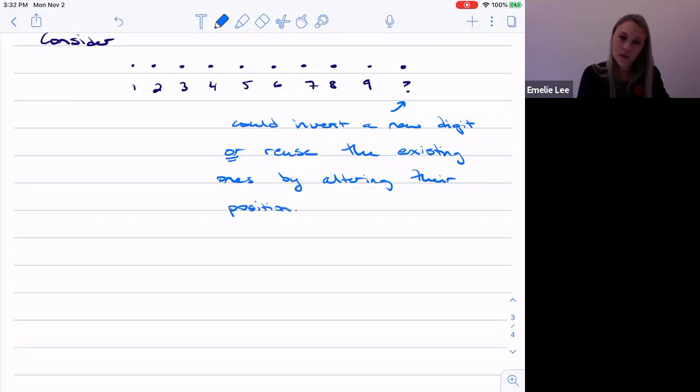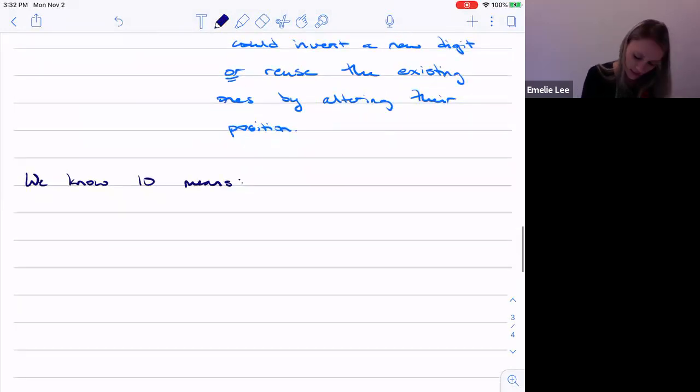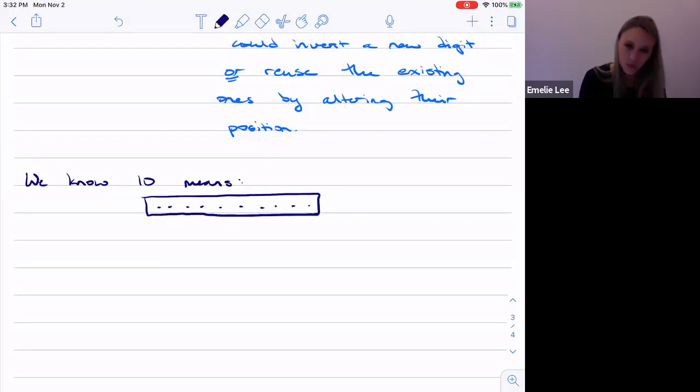Okay. So we know that 10 means this. It's a group of 1, 2, 3, 4, 5, 6, 7, 8, 9, 10. What we're going to do is we're just going to block it off and call it a group.